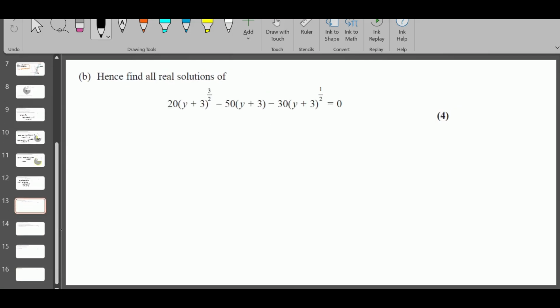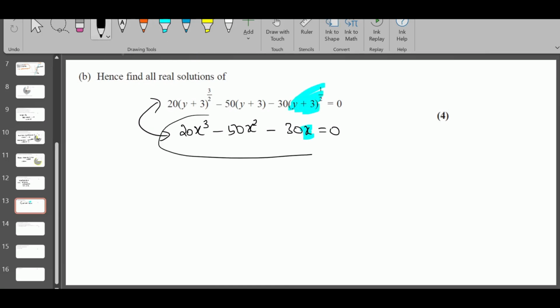Part B now. Hence find all real solutions. Okay. In part A, we got 20x cubed minus 50x square minus 30x is 0. When you compare these two equations, in the place of x, you have y plus 3 power half. So what we are going to do, we are going to take the solutions of this.